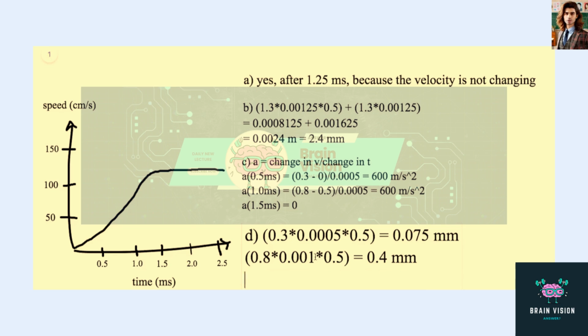And finally at 1.5 milliseconds, well, we can use our work from part B, just to get the triangle from 0 to 1.25 milliseconds. We found that area to be 0.0008125 meters.